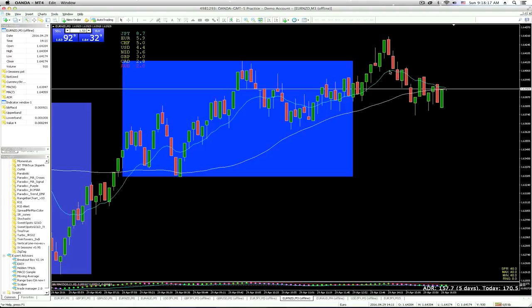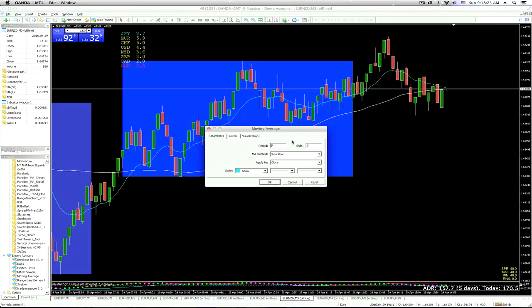And the other one up here, this aqua color, is a 7 smoothed moving average. It's a 7 moving average, and it's the smoothed method. You have, of course, your 4 choices there.